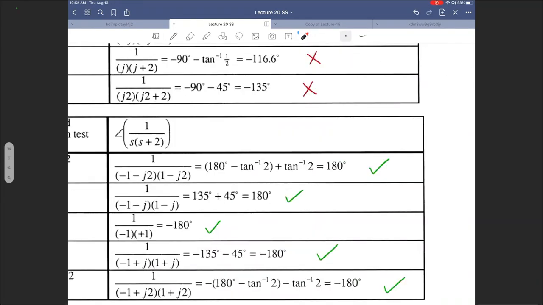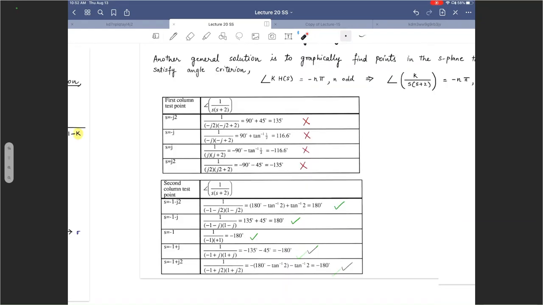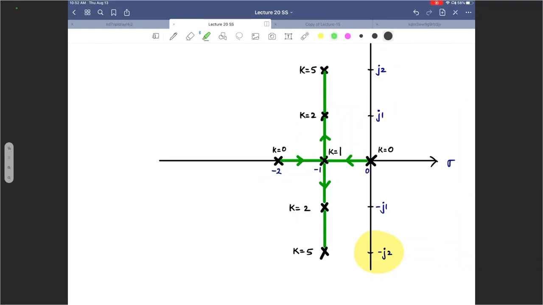Next, let us evaluate the second test column. Where is the second test column? If I go back and take a look here, this is my second test column, blue. What is the value of s over here? For this one, let's see, maybe 0.4 is good.